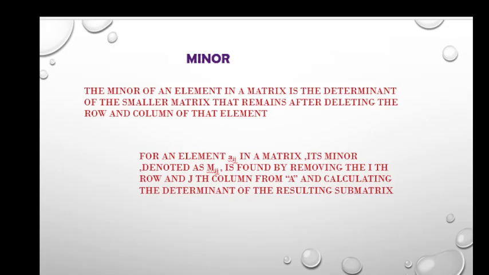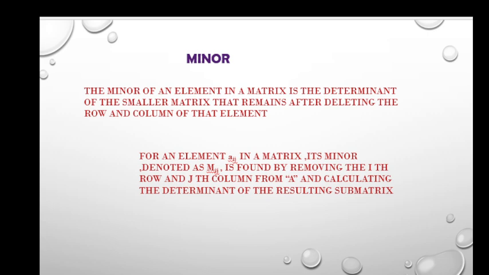We have to find the determinant of the remaining matrix after deletion. So for the minor of the element A12 in a 3 by 3 matrix, we delete the first row and the second column and find the determinant of the remaining matrix.